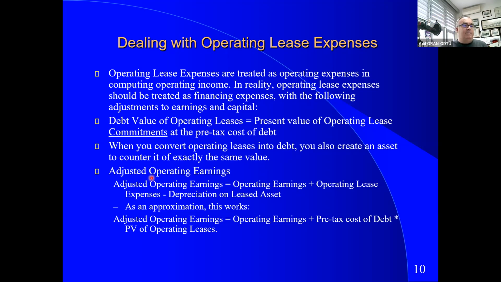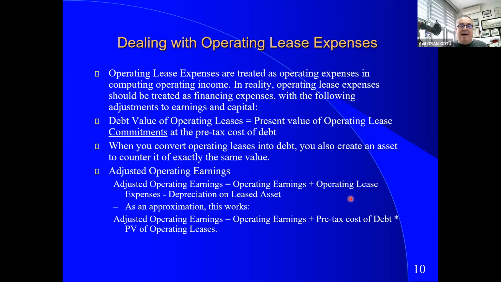So it ends up affecting your debt ratio, your financial leverage, but it also affects your earnings number. The adjusted operating earnings is your previous operating earnings. In calculating operating earnings, or EBIT, we had deducted the operating lease payments.